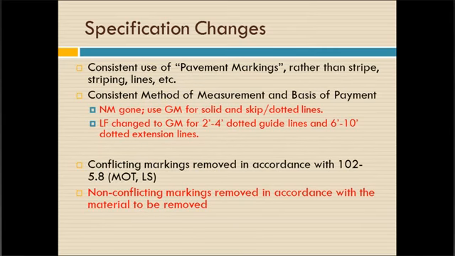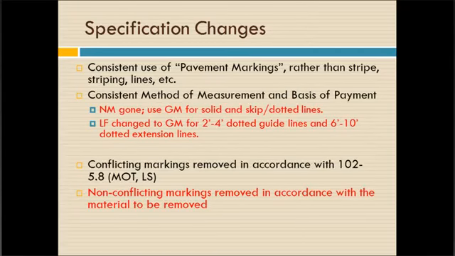All right, what type of changes did we do? The primary change there was the consistent use of the term pavement markings. Before, we sort of interchangeably used the terms stripe, striping, lines, and other terms, but that has been cleaned up to be consistent, so that if you look at the specifications side by side, they are much more similar now in their use of terminology.